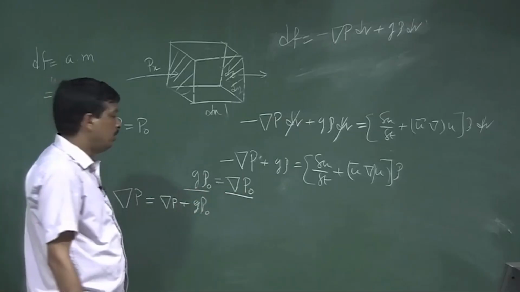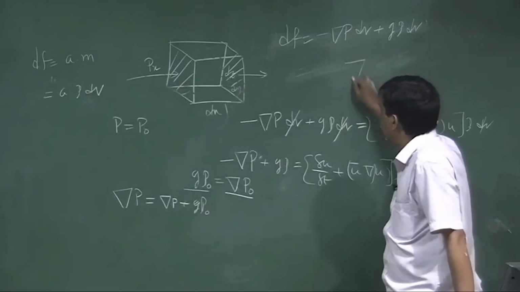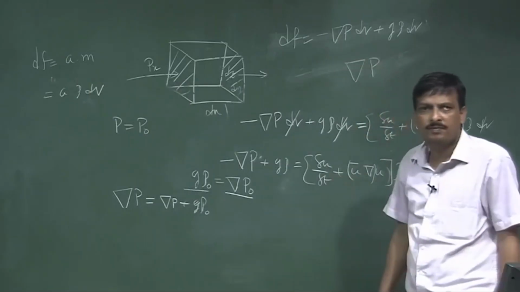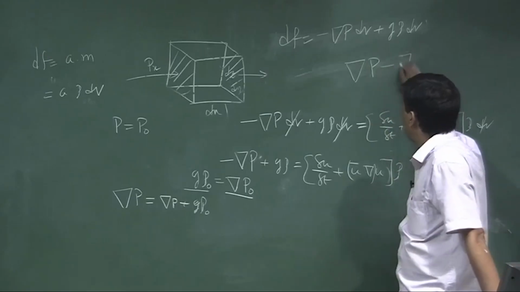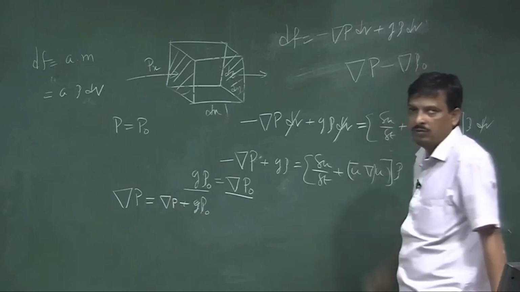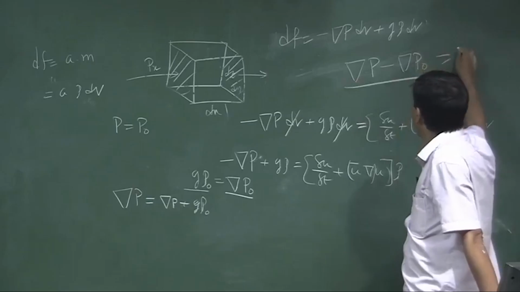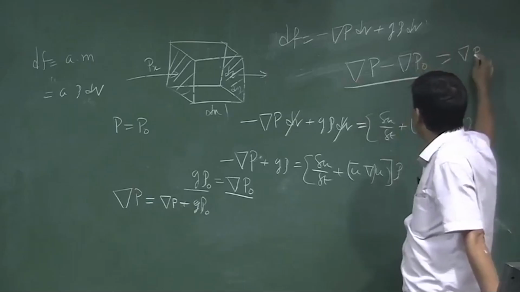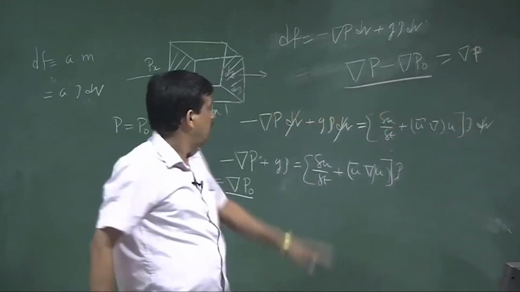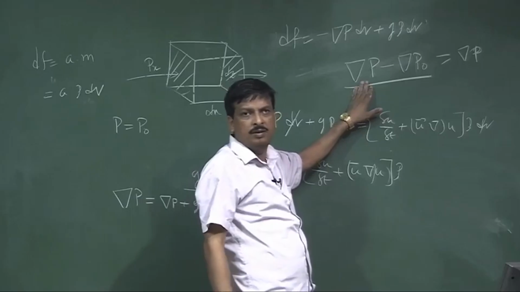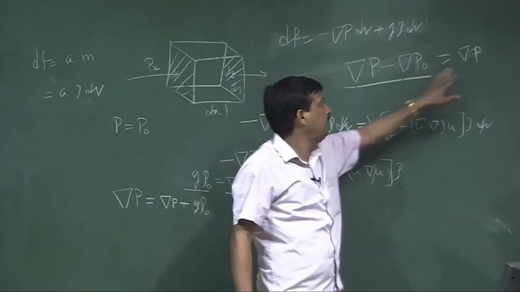So what I said is that ∇P is the total pressure. ∇P minus ∇P0, what is that? Nothing but ∇ small p. Let small p be written this way: the instantaneous pressure minus the equilibrium pressure is equal to the acoustic pressure.